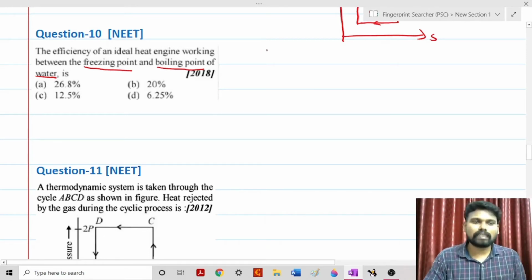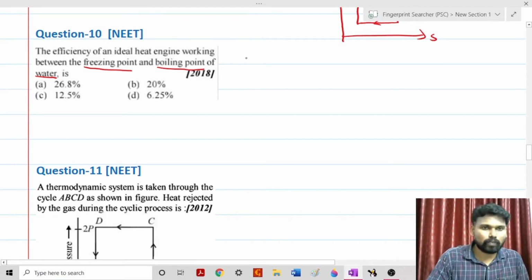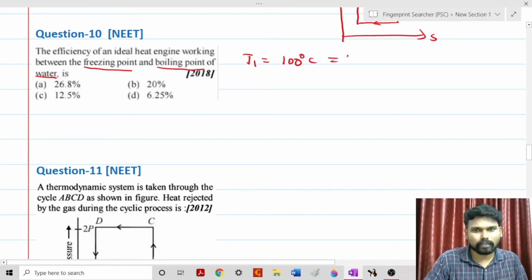What is T1? T1 is the higher temperature, which is the boiling point of water, 100 degrees Celsius. Converting to Kelvin, it is 100 plus 273, equal to 373 Kelvin. This is the source temperature.